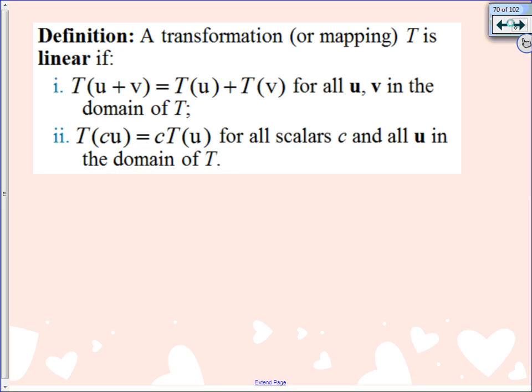If you take a vector and scale it, and then do the transformation, versus doing the transformation and then scaling it, it's still going to be in the domain of T, and it's still going to be equal. So it doesn't matter whether you scale first and then transform, or transform and then scale. These all have to do with the order in which you operate. That's what it means to be linear.